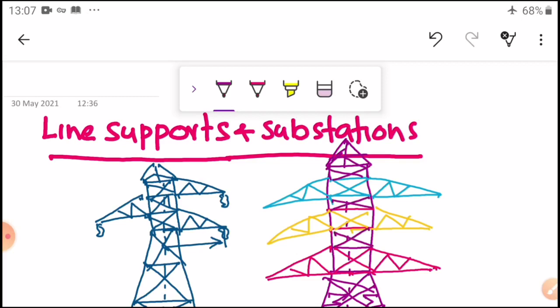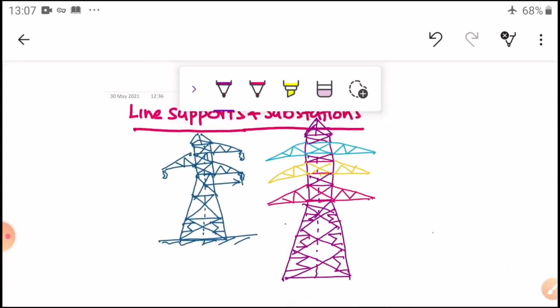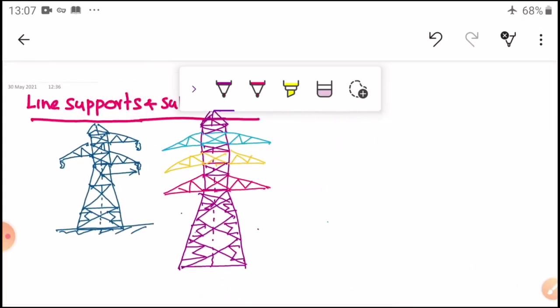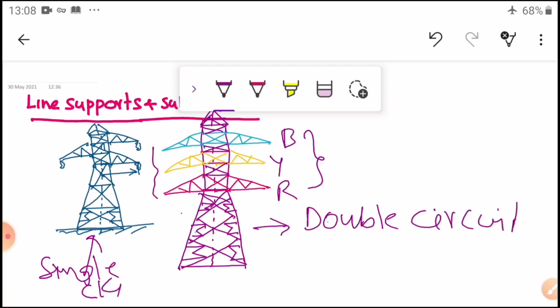So this is one tower, you can see, dear students. This is a double structure, double circuit, because R face, Y face, B face is one circuit, and here is another circuit, whereas in this case it is a single circuit, because here are the R face, Y face and B face.